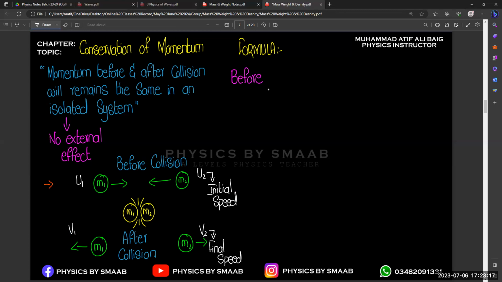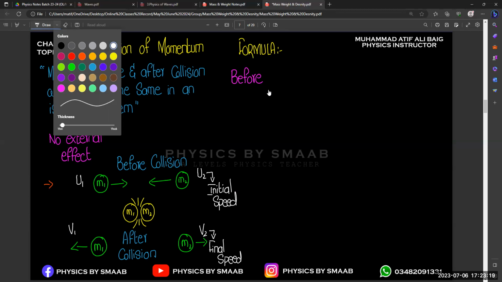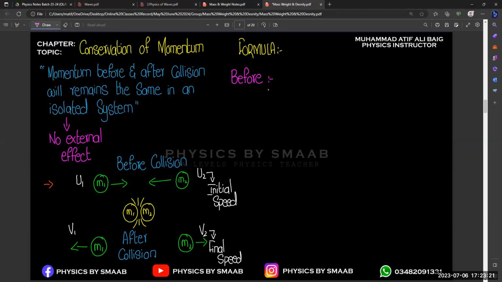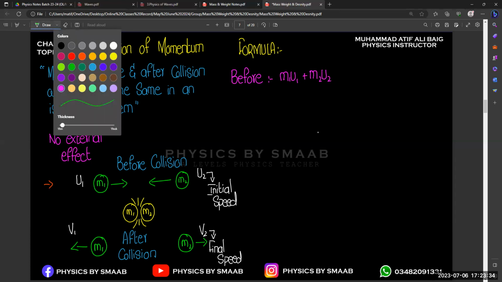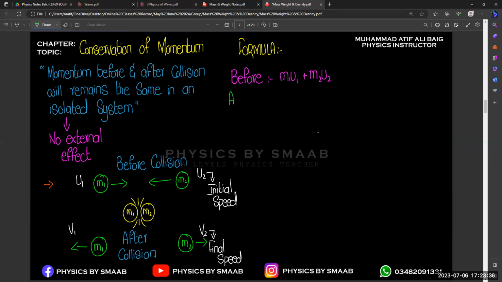So the momentum before collision will be equal to the sum of their individual momenta. That will be m1 u1 plus m2 u2. And what will be the value of the final momentum after collision? m1 v1 plus m2 v2. So that is very simple, right? Just like the principle of moments.